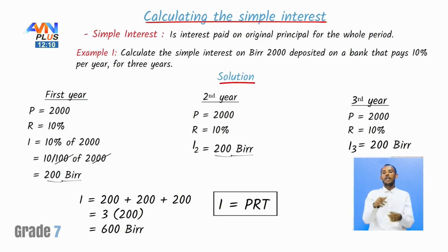As you can see here, principal times rate, principal times rate, principal times how many times? 3 times. PR times 3, where 3 is the time, means times T. Therefore, simple interest is given by this equation. Simply you multiply the principal, the interest rate, and time.